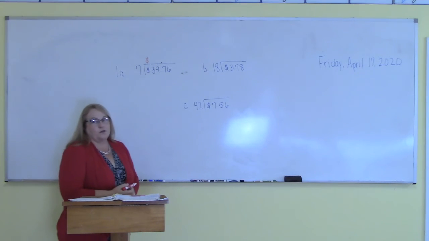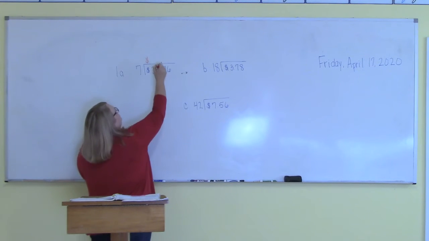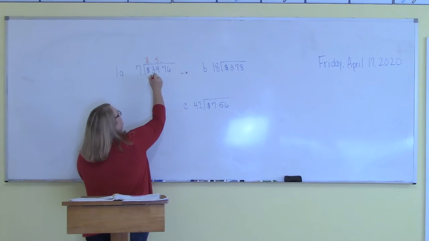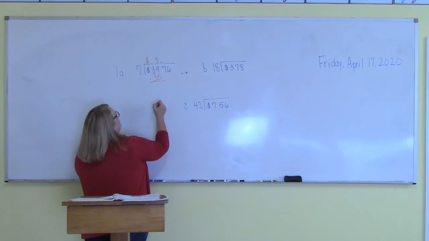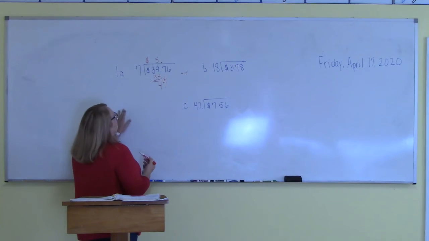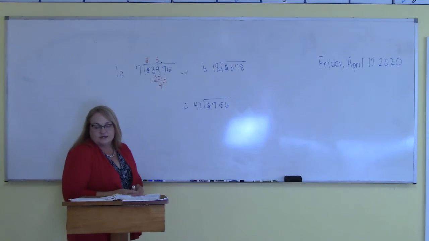And then we work out the problem as normal. 39 divided by 7 is 5. Good. 5 times 7 is 35. Subtract. 9 minus 5 is 4. Bring down the 7. 7 will go into 47 how many times?